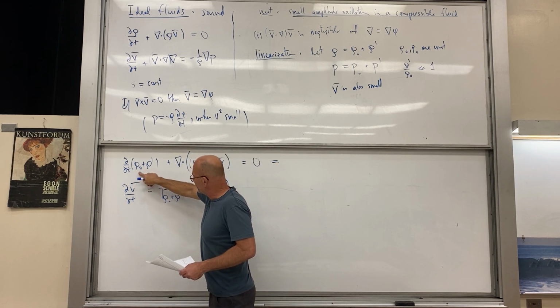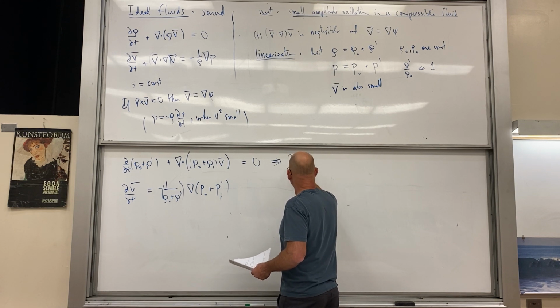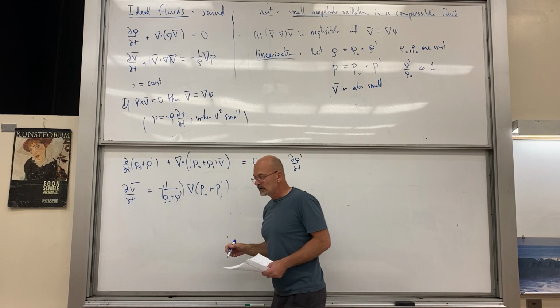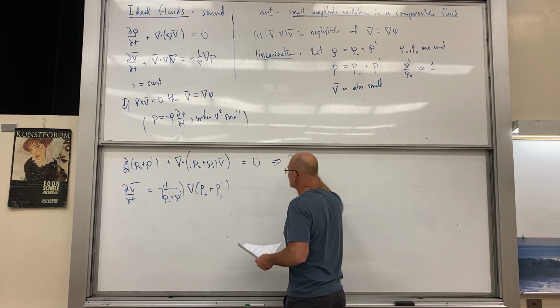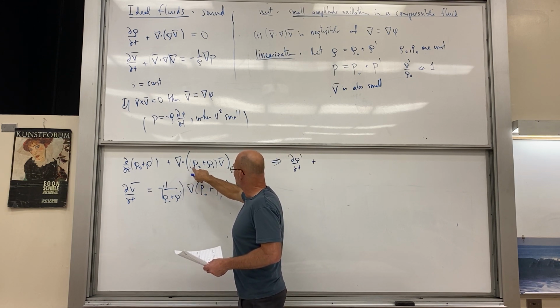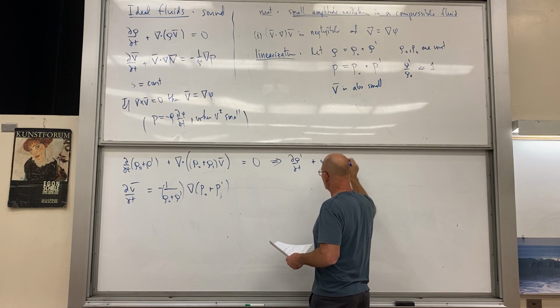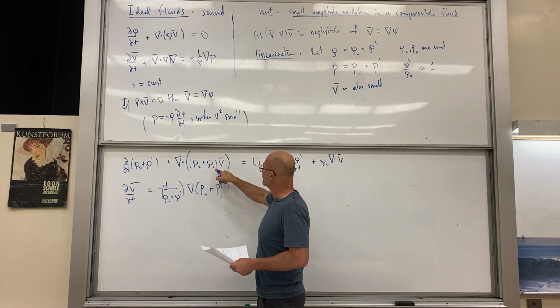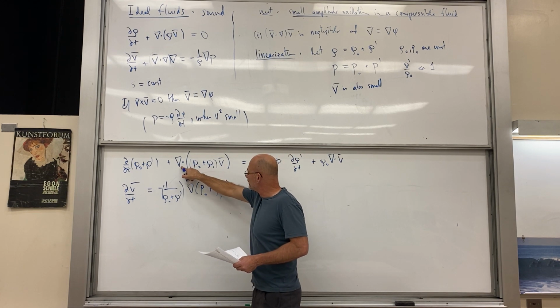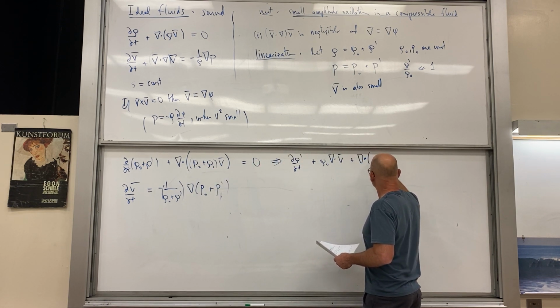That, of course, is going to differentiate to 0, so we have d rho prime dt, and then we have a couple of terms here. So the divergence, so we'll have rho 0 divergence of v plus the divergence of rho prime v.